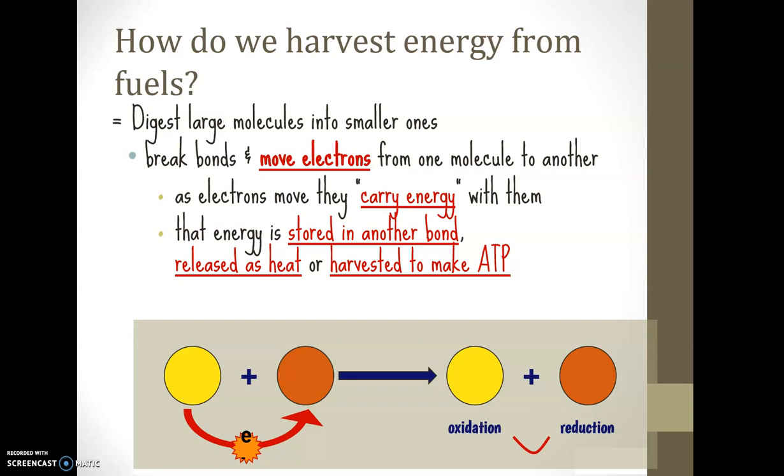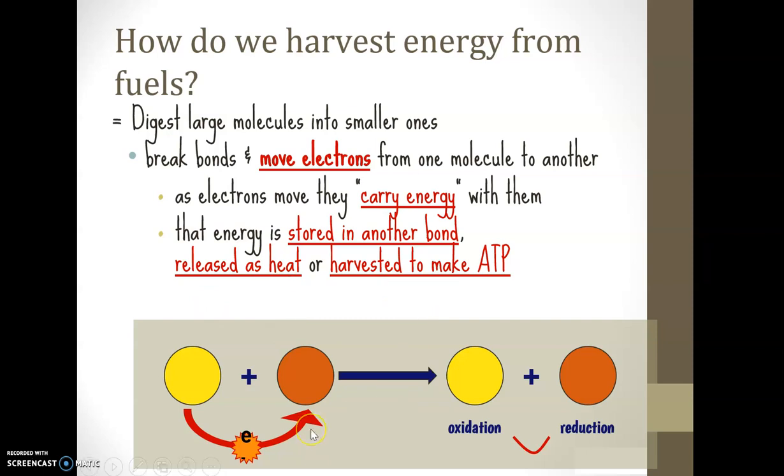As the electrons move, they are negatively charged, so they are carrying that energy with them. That energy is then stored in another bond when they come in contact with another molecule to bond with. When that energy is stored in another bond, it can be released as heat if the bond is broken up, or it can be harvested to make our ATP later on in the process.